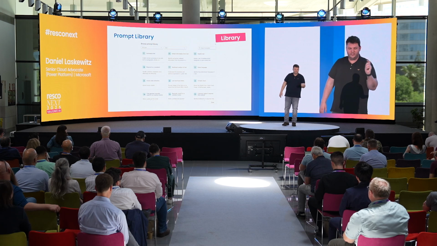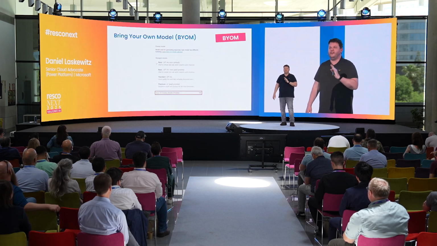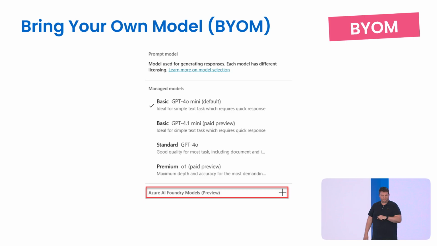And now, this is probably the most requested one that we have. And it's really interesting because with the prompt library, we want to be really low code. So we want to make it easy for people to just create a prompt in there, make it reusable, and pick a model. We already have the standard models on the top. Those are the managed models.